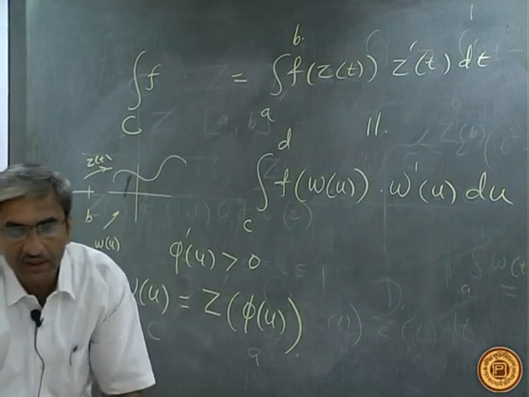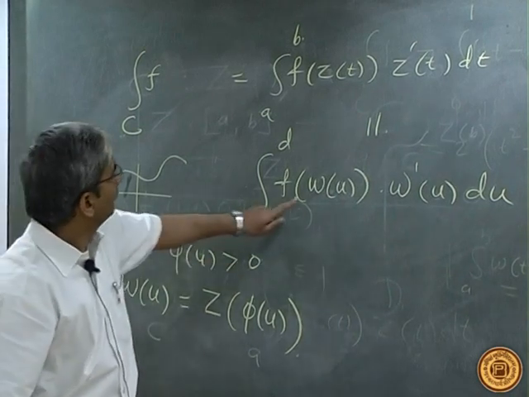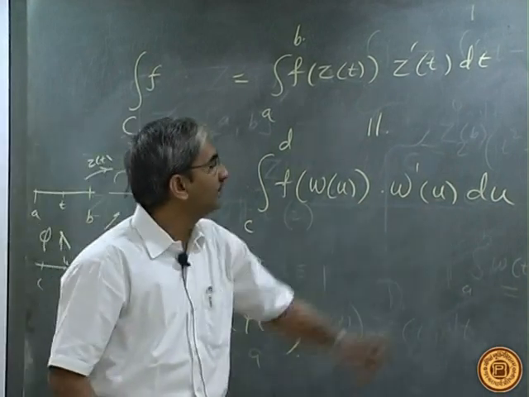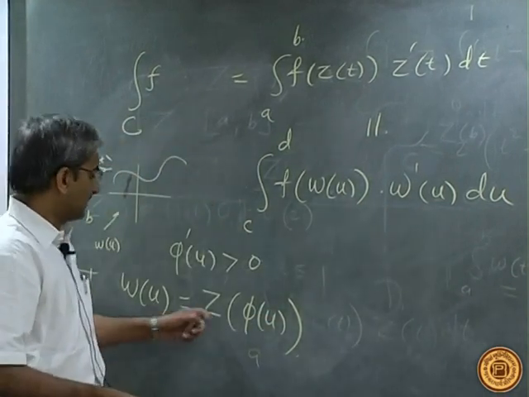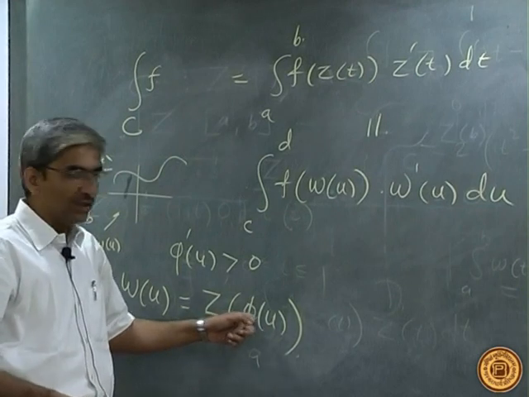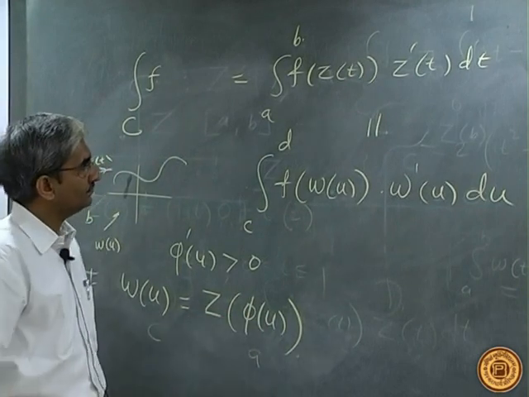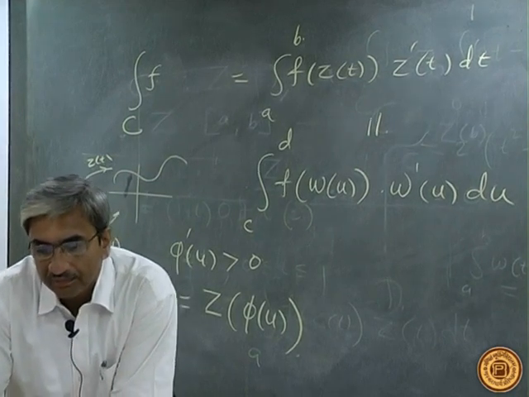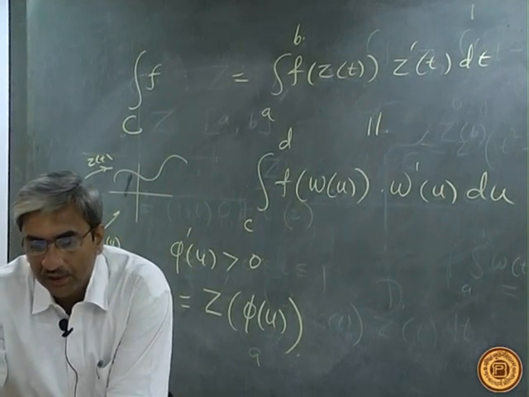Okay, c to d, f of w(u) is z(phi(u)), into w prime(u) is z prime(phi(u)) into phi prime(u), which is equal to f of w(u) into w prime(u).